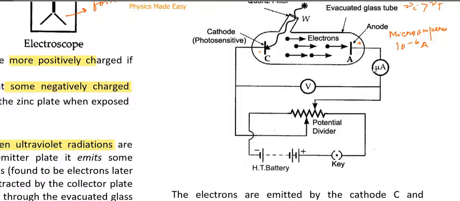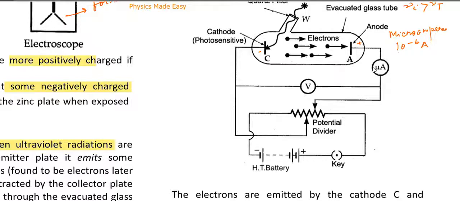Stopping potential is that negative value of potential difference between cathode and anode such that even the fastest moving electron fails to reach the anode. Means negative potential is a measure of kinetic energy of the fastest moving electron, and photocurrent corresponding to that is zero.